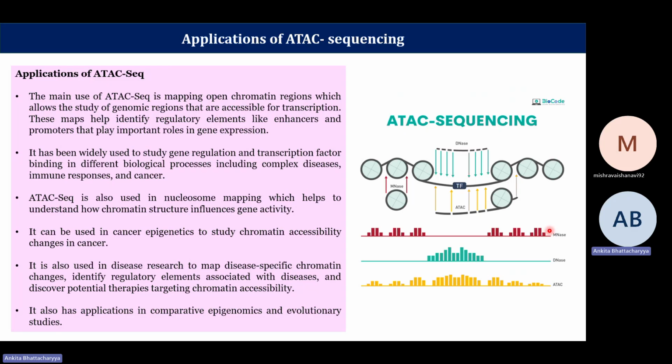DNase is purified from some organism, MNase from some other. So they are not genetically modified for high fidelity, whereas for ATAC-seq, the Tn5 transposase is engineered for hyperactivity, but also with more accuracy. So that gives it an edge above others.